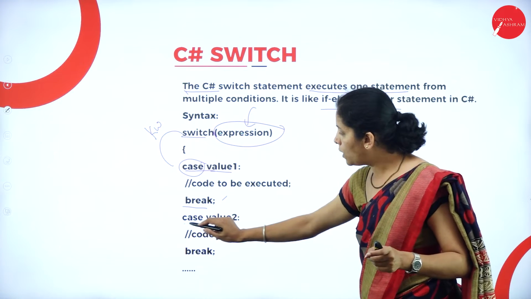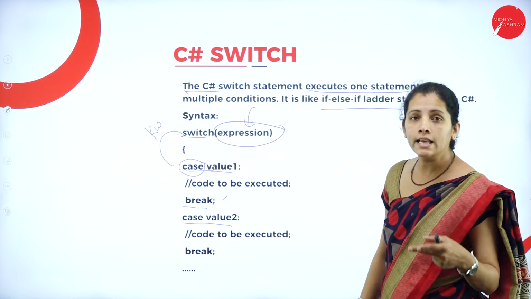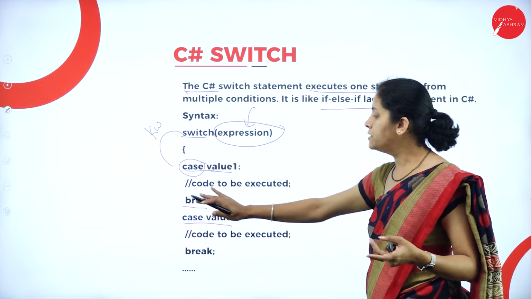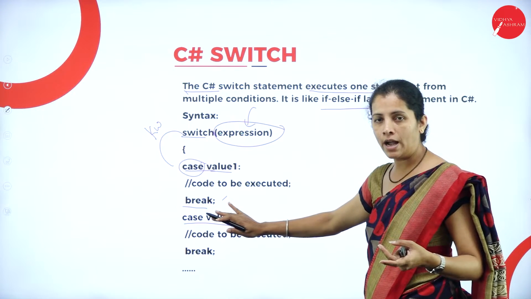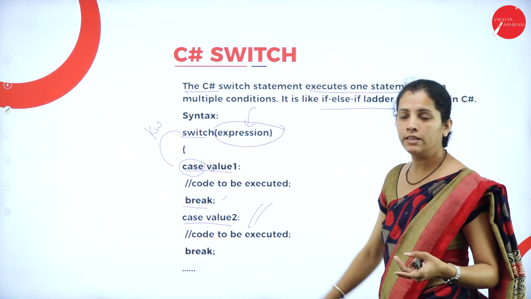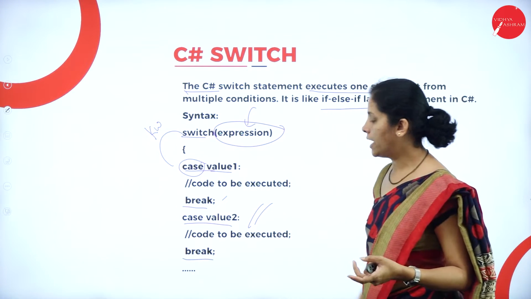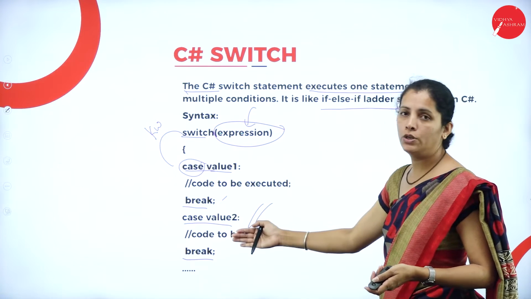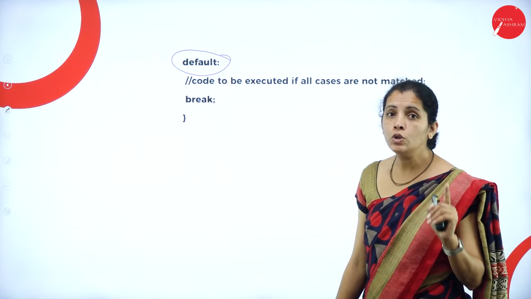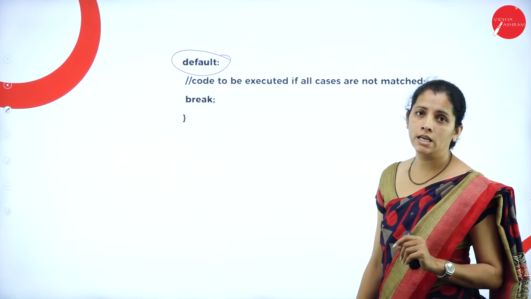Now, once again, I'm going to have the next option, that is case 2. If this case 2 is satisfied, then it's going to execute a set of statements. Then break the case and it's going to continue until I use the default statement.